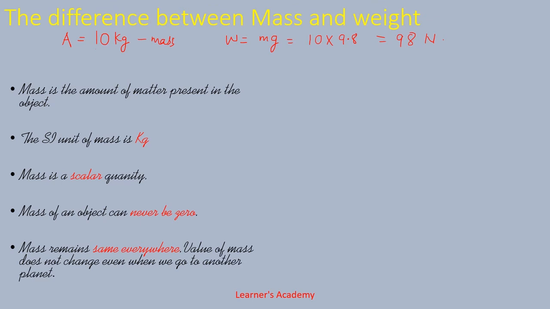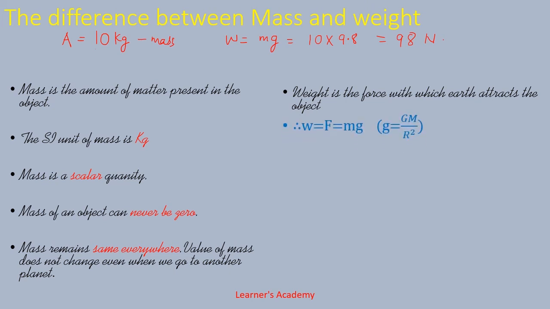Okay, so now opposite to all these points, I'm going to highlight the difference. Like these are the points for mass. So what is the difference? Now I'm going to tell you about weight. Weight is the force with which Earth attracts the object. And what was mass? Mass was the amount of matter present in the object.